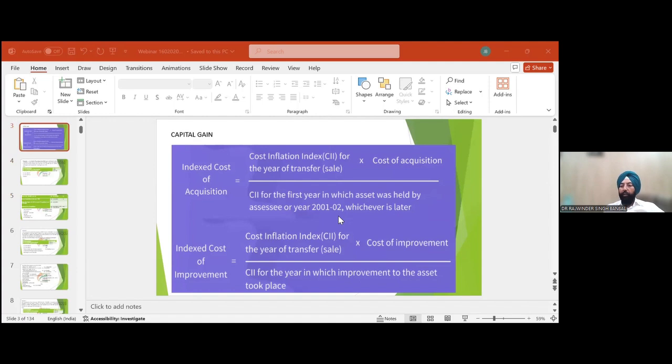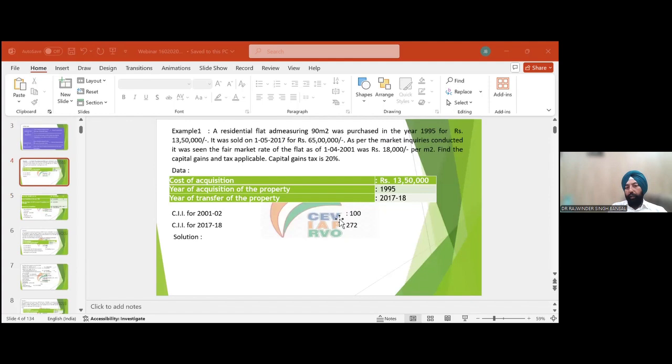That is a point you must consider. So I think all doubts might have been cleared by this example. But in this case, the guideline rate was not given to you. If the guideline rate is also given in the question, then how to calculate the cost of acquisition is also important.